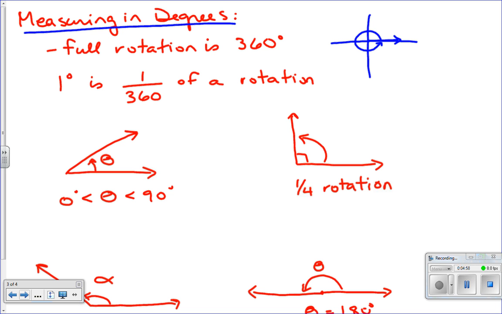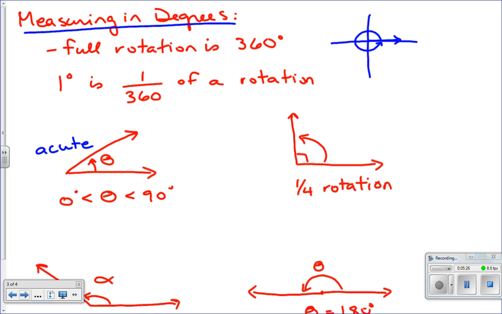And there's lots of reasons that they chose that number. And one of them is that it's a very convenient number because it can be split evenly in so many ways. So 1 degree is 1/360th of a rotation. So let's look at some definitions of angles. When we have an angle that's between 0 and 90 degrees, we call that an acute angle.